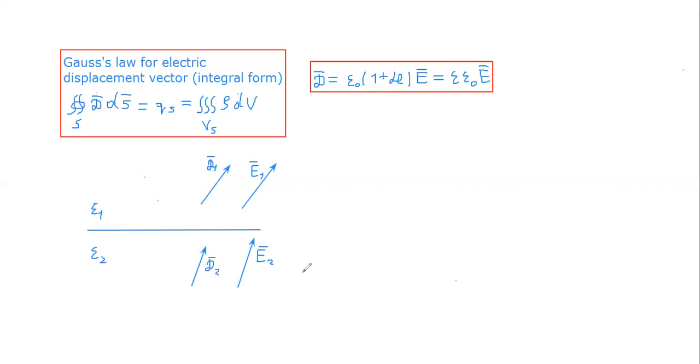And what is the connection between these vectors in the first and second dielectrics near the border between them?